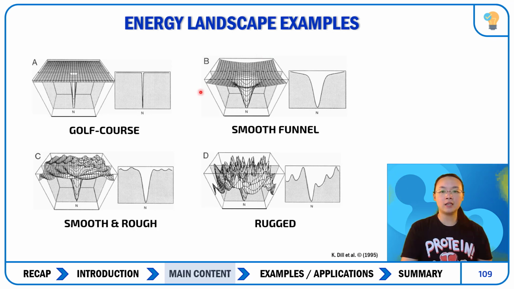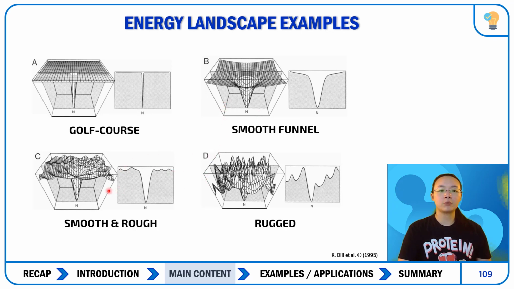This means that any conformation can proceed through a series of downhill energy steps to its native state with no energy barriers. So as the protein is folding and folding, it's going to want to fold in a way that it tries to approach the bottom of this funnel so it can achieve its lowest energy state.